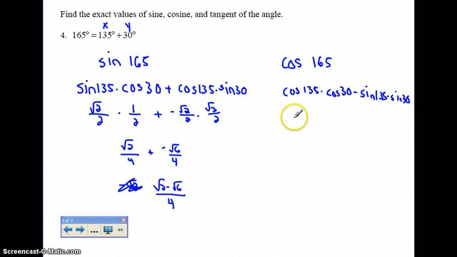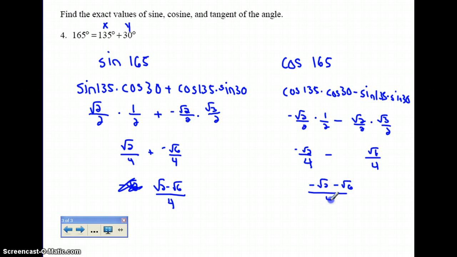The cosine of 135 is negative radical 2 over 2, the cosine of 30 is radical 3 over 2, minus the sine of 135, which is radical 2 over 2, and then the sine of 30, which is 1/2. Both of these will have a denominator of 4, and I will end up with negative radical 6 minus radical 2, all over 4.